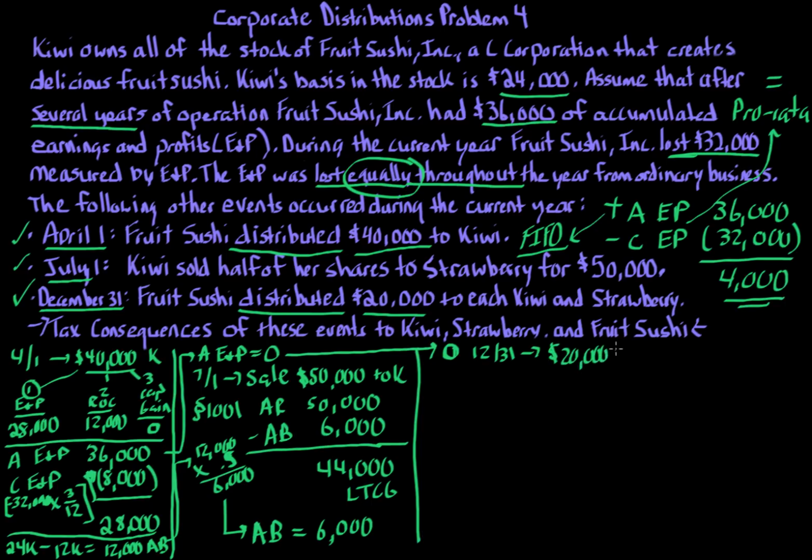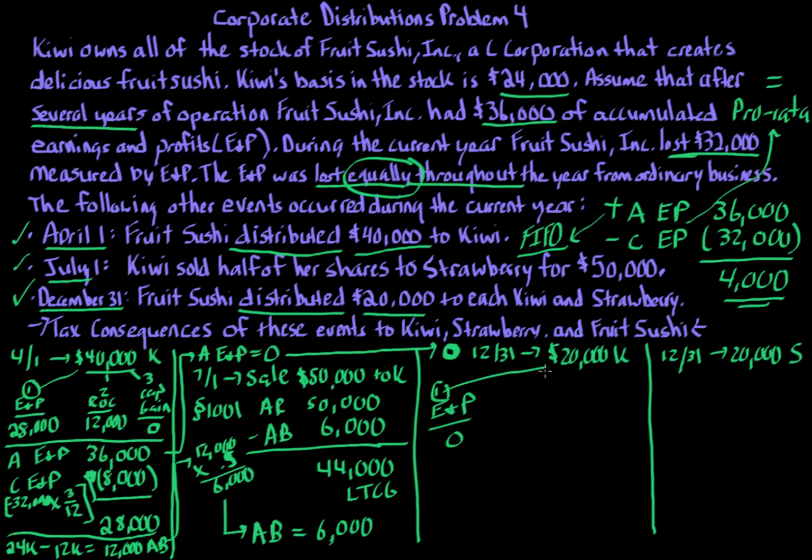So 20,000 to K, and then 12/31, 20,000 to S. Okay, well, because accumulated EMP is 0 and current EMP is negative, there is no EMP. So in terms of allocating EMP, EMP is 0. Because remember, we used up all the positive EMP in the first one, and then current EMP has always been negative. So there's no EMP.